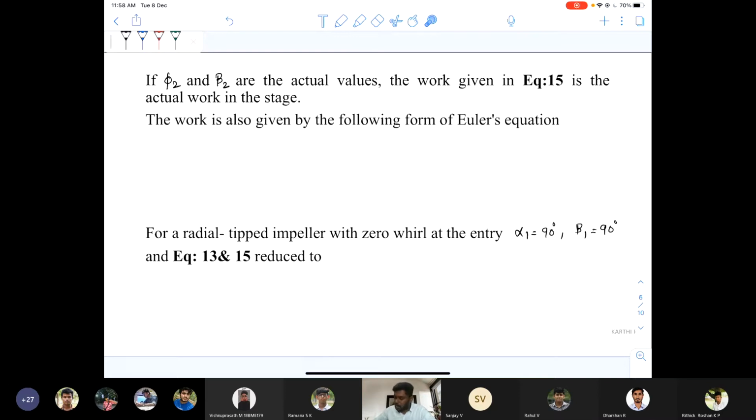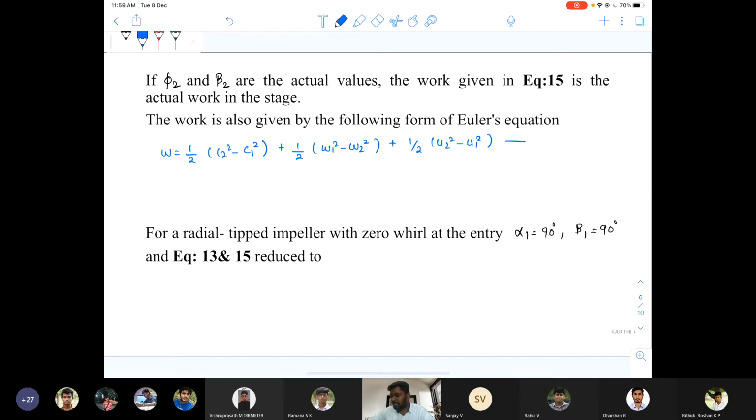The work is also given by the following form of Euler's equation, defined as W is equal to 1 by 2 into C2 square minus C1 square, plus 1 by 2 into W1 square minus W2 square, plus 1 by 2 into U2 square minus U1 square.